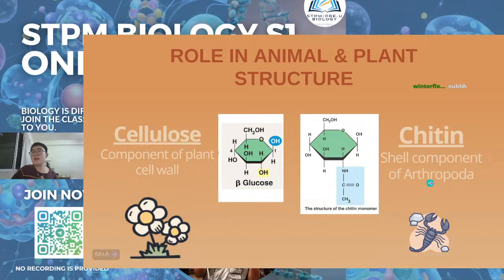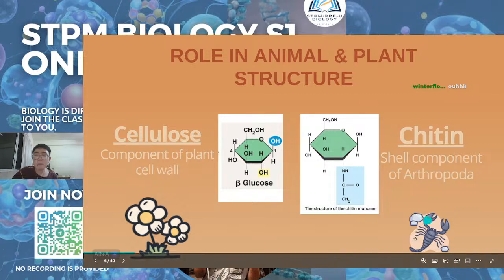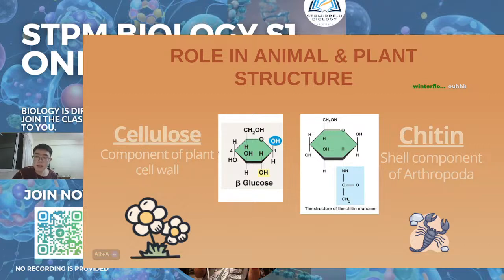So what is the meaning of arthropoda? I think Sem 3 seniors, you are familiar, but Sem 1, maybe you don't know. Arthropoda is one type of biological taxonomy organism under the kingdom animal. I will give examples: arthropoda like scorpion, crabs, lobster, oyster, prawn, these are all under arthropoda.